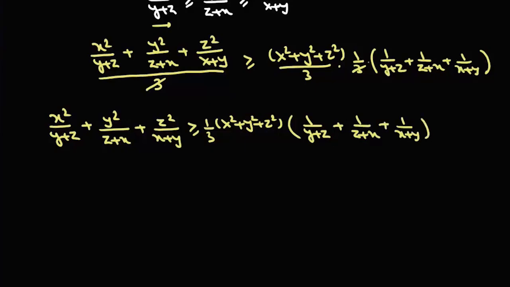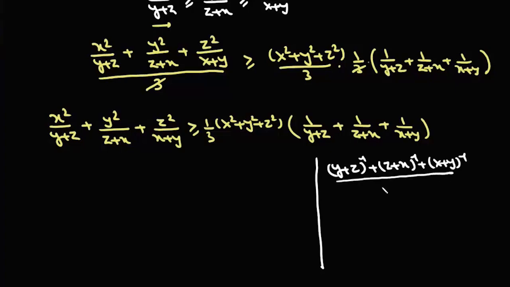Now here what we are going to do is we are going to use the nth power AM formula. So we'll consider 3 numbers: (y + z) to the power minus 1, plus (z + x) to the power minus 1, plus (x + y) to the power minus 1, upon 3. It will be greater than or equal to ((y + z) + (z + x) + (x + y)) upon 3, to the power minus 1.